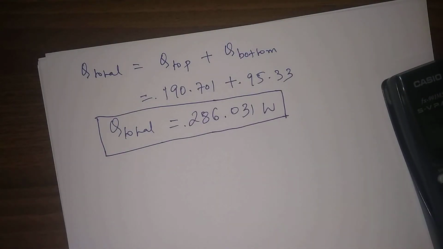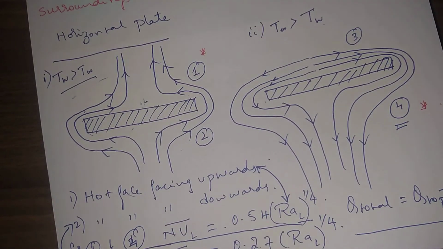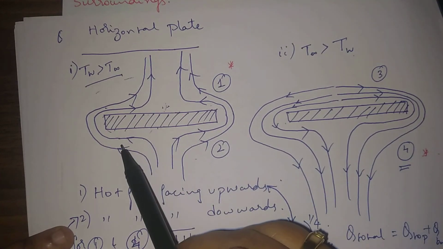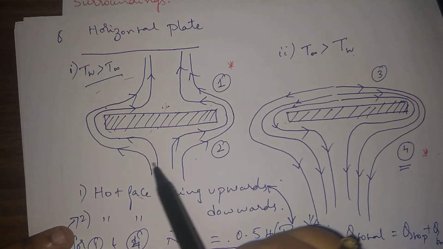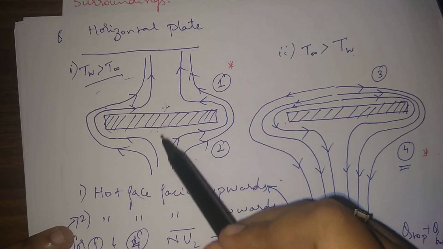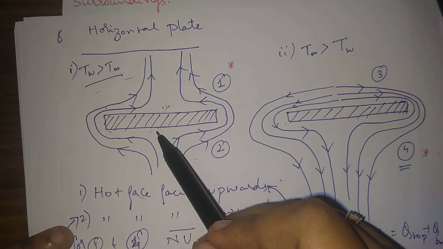Let me just remind you, the thing that you need to consider is, for the horizontal case, when the air flow starts happening over the plate, the way in which the air flows at the top and bottom is different. That is the reason H is going to vary.